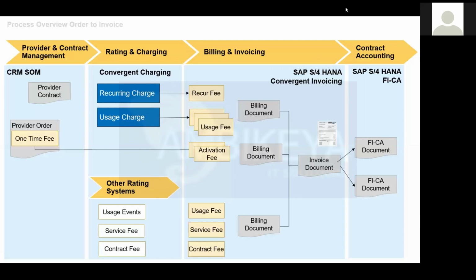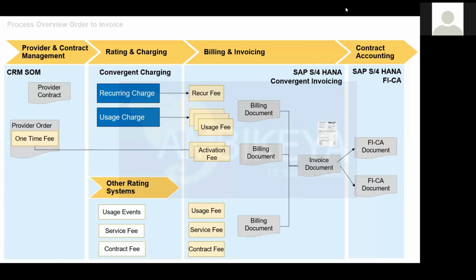From the process side, we are able to create recurring charges in convergent charging, or also, which is a newer feature, in convergent invoicing. We also have usage charges here. They are created with the trigger of usage data records.